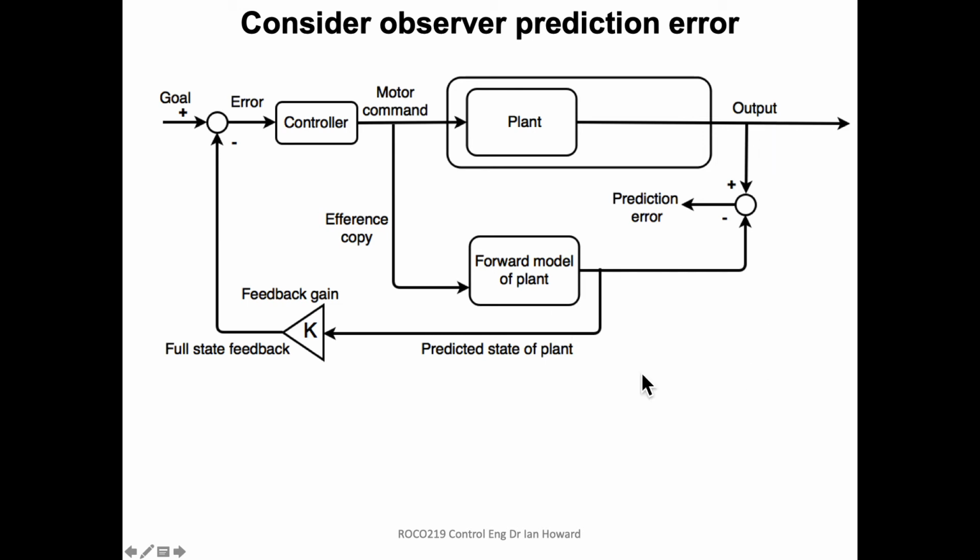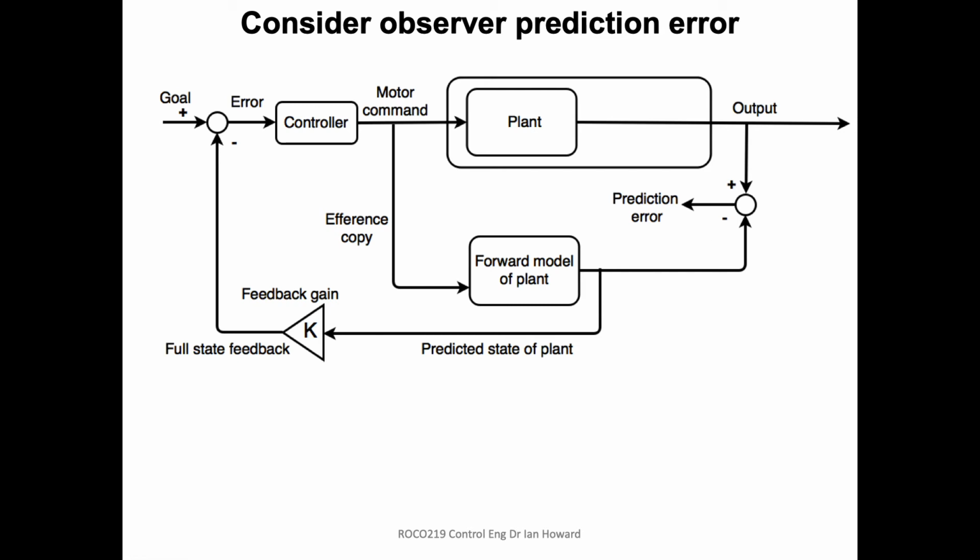So what we can do is we can say, how good is the forward model? And let's compare the forward model output with the actual output we've got. So what we do is we subtract our prediction from the actual output that we have, and basically we can generate this prediction error. This error tells us how good our forward model is.